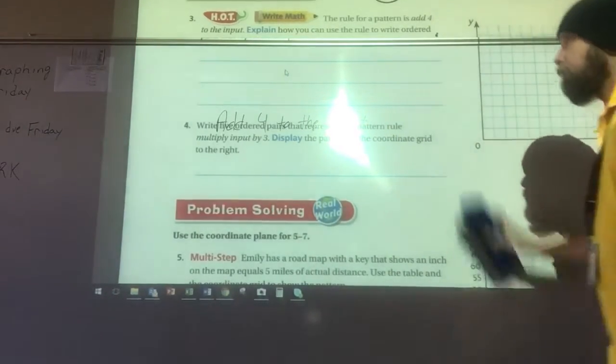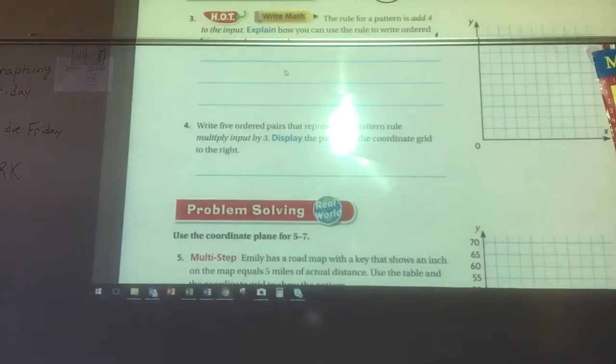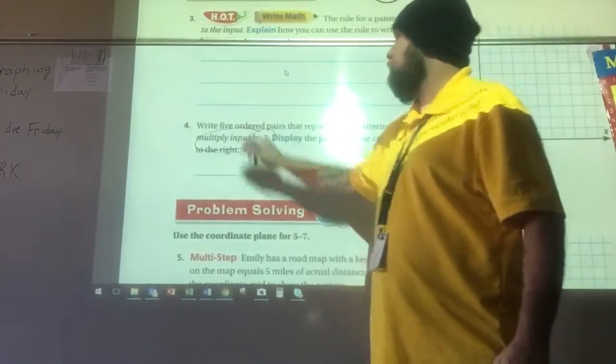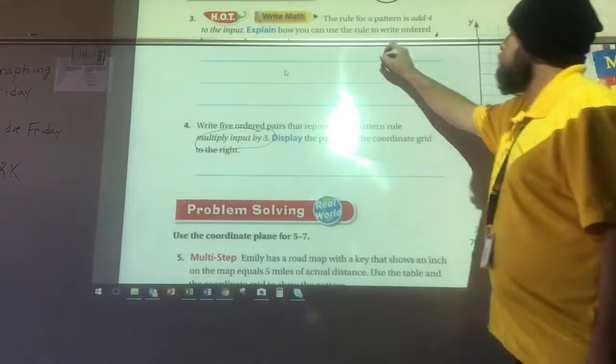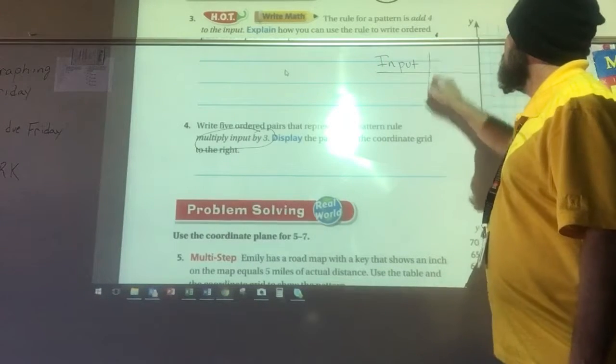All right. Question 4. Write 5 ordered pairs to represent the pattern rule. Multiply the input by 3. Display the pattern in the coordinate grid to the right. Okay? So we have our input. We have our output.